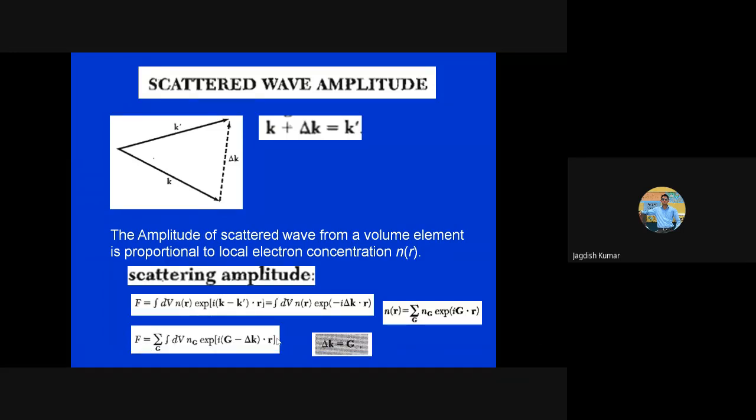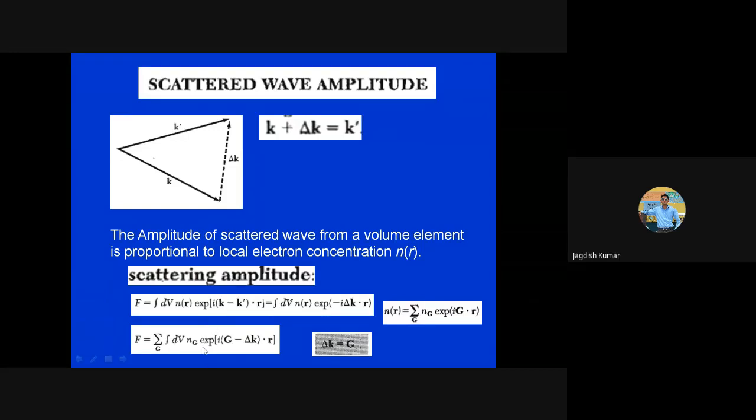Now you would realize one more thing, that this integral will be zero in most of the cases, except for the case when G is equal to delta K. Now you may be a little confused, or you may ask, why so? This is so because there is a huge oscillatory term.